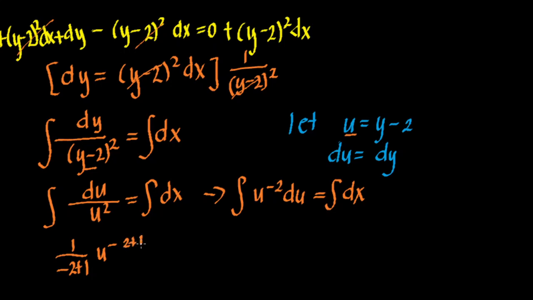We just add 1 to our exponent and have our denominator also as this, like the exponent. And then we'll change u back to y minus 2.